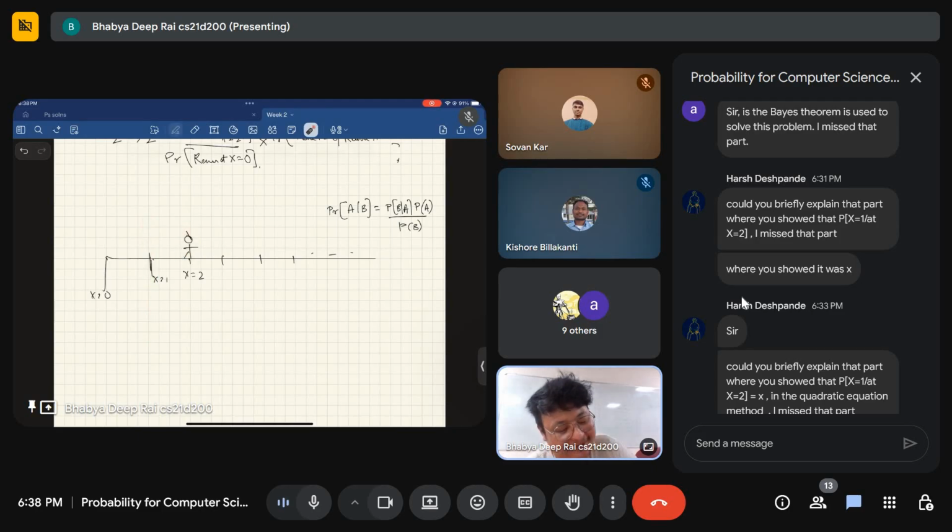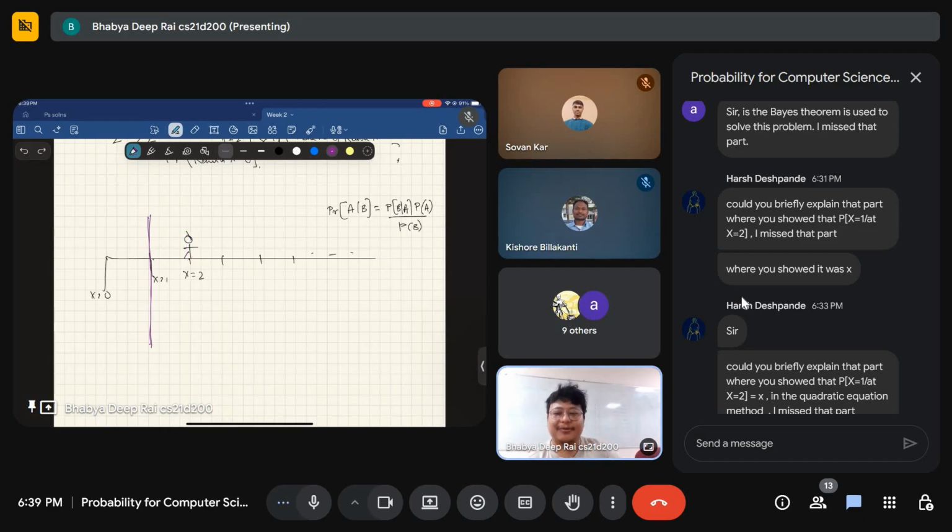Isn't this identical to the case when I put an imaginary cliff at x equals 1 instead, and I ask what is the probability that Ramu is at x equals 2 and falls off this imaginary cliff situated at x equals 1? Isn't the problem the same? Because at any point he can move left with probability half, right with probability half.